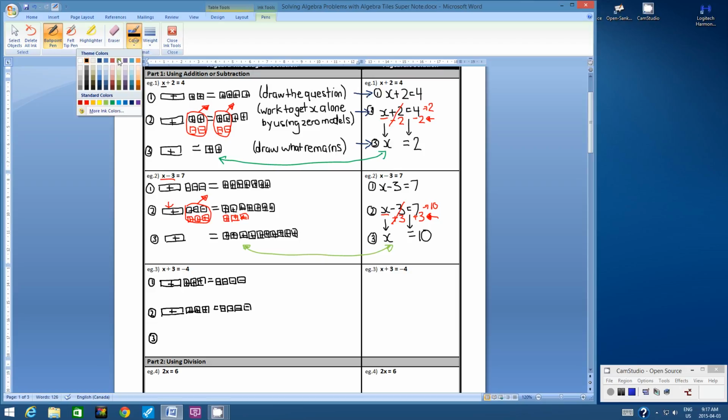Okay? And then we start asking ourselves those questions. Number 1, which side is the x variable on? It's on the left-hand side. So let's focus only on the left-hand side.